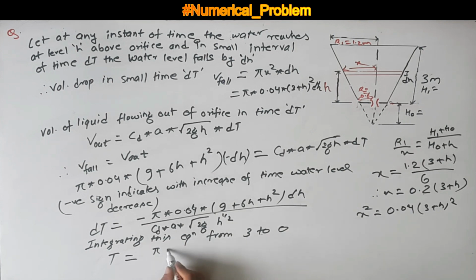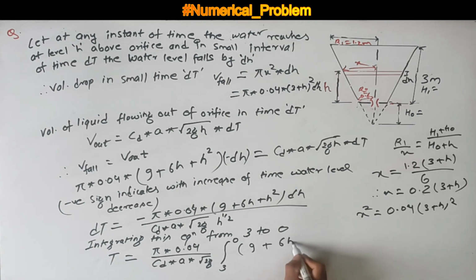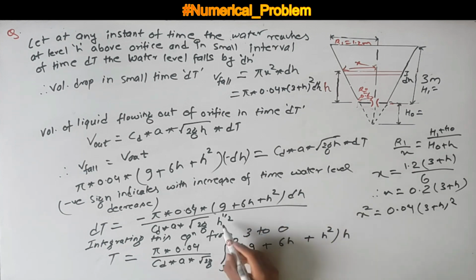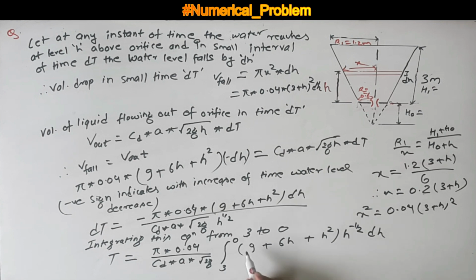This is pi into 0.04 upon CD into a into root under 2g. This h is the variable here, and the limit is from 3 to 0, and the variable part is 9 plus 6h plus h square, and this is h to the power minus 1 by 2. When the denominator goes to the numerator, the power becomes negative, and dh is here, and the negative sign is also here.